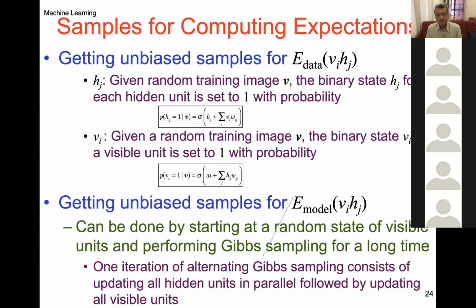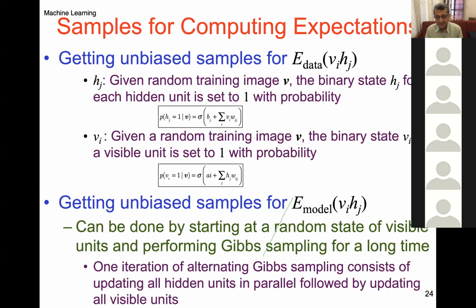So we can choose the values of HA from that. And then given a random training image, the binary state for a visible unit is set to 1 with probability this. So we can generate samples from it, and we're going to take the expected value of that. That is, we average all of that.